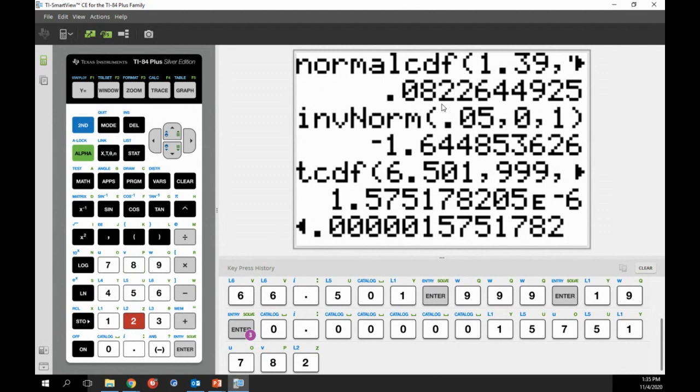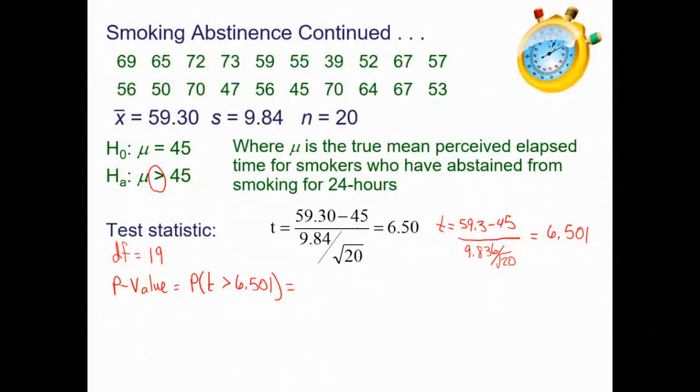What's our p-value essentially here? What might we as well say it is? 0. This is our p-value, which we might as well say is 0. So let's go back to the PowerPoint so we can say that. P-value is, I'm not going to say equals because it's not exactly equal to 0, it's approximately 0.